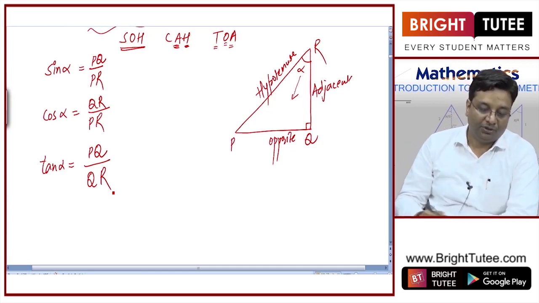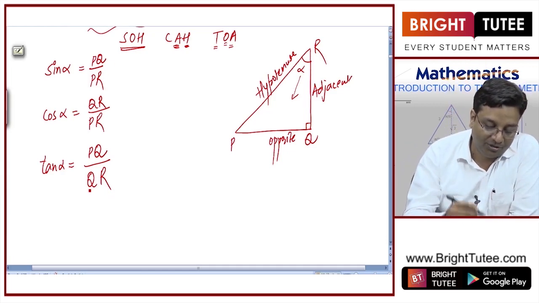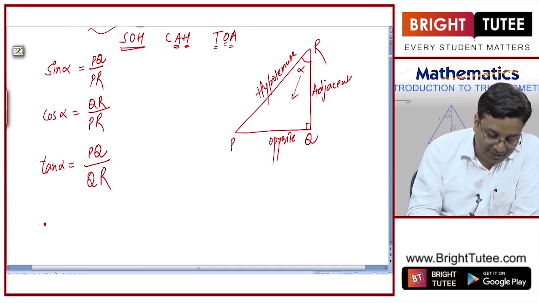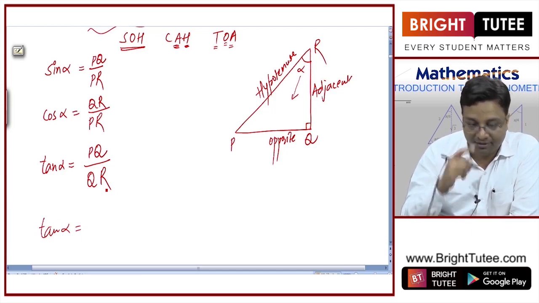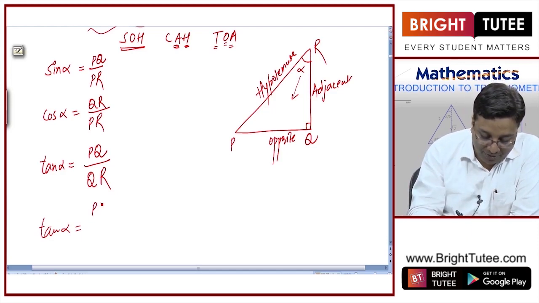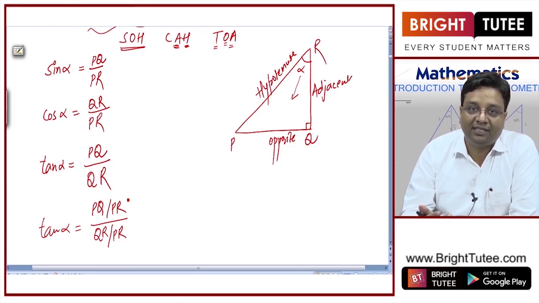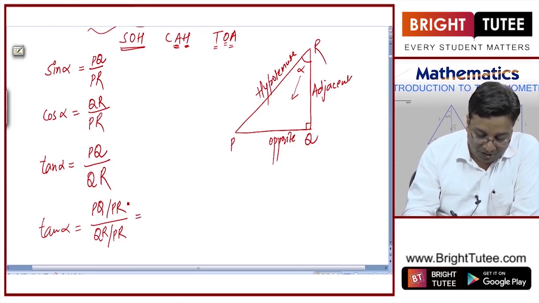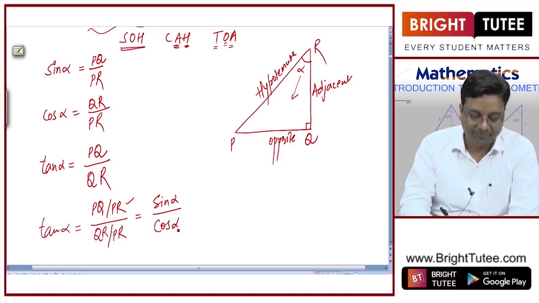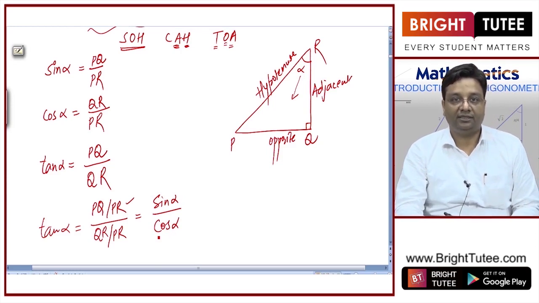Right. If you notice carefully in these ratios, what is tan alpha here? It is PQ upon QR, right? So you can always write it as PQ upon PR upon QR upon PR, because this PR will anyway get cancelled. So what is PQ upon PR? It is sin alpha. What is QR upon PR? It is cos alpha. So this is also an important relation.